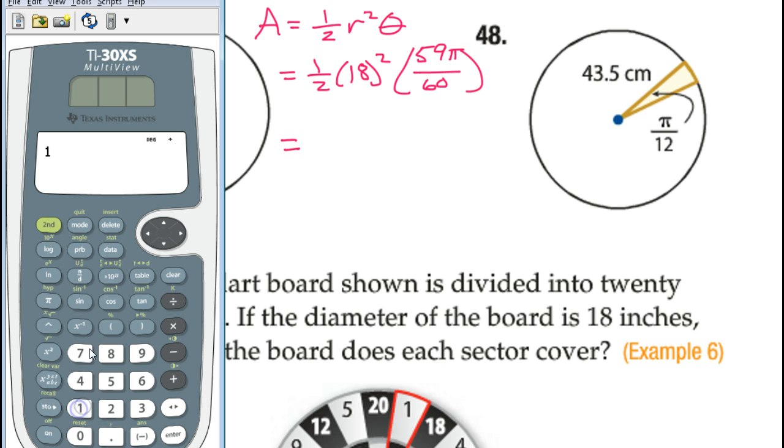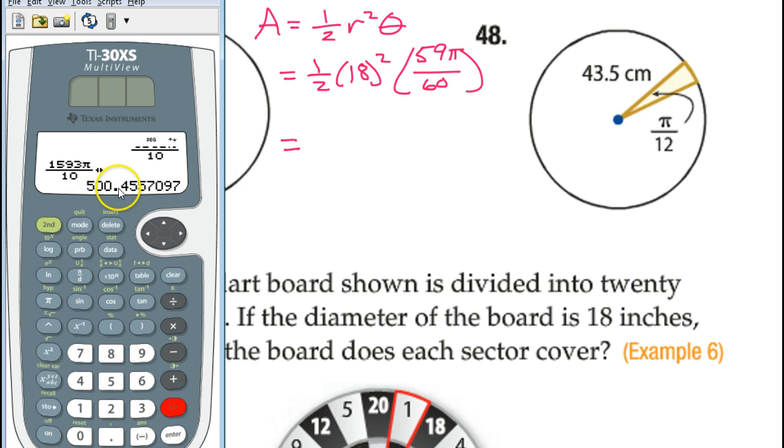Okay, so here we go. 18 squared times 59 pi over 60. Okay, that's the exact answer, by the way.